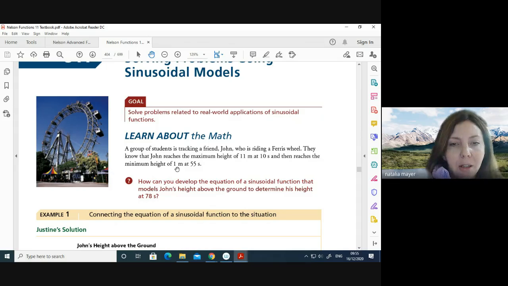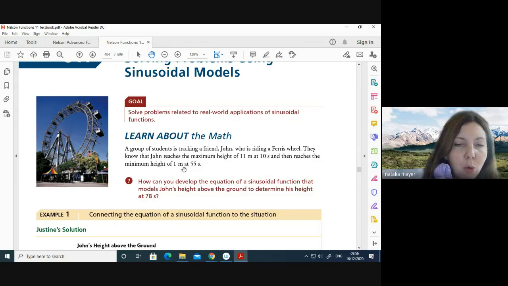It varies from wheel to wheel how high it is above the ground. So in this particular case, when you board the wheel, you find yourself 1 meter off the ground. And the maximum height is 11 meters.